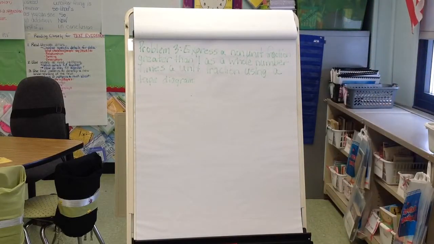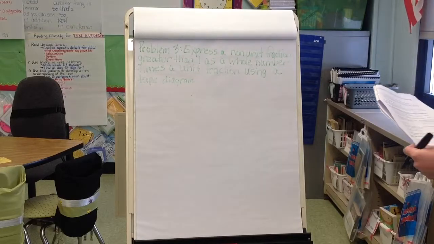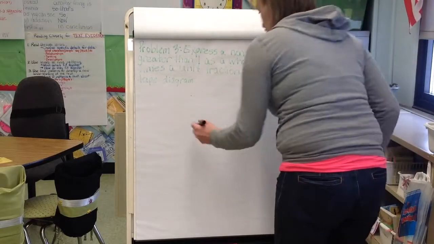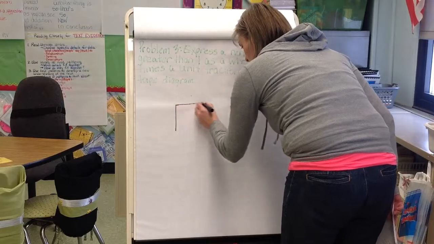Express a non-unit fraction greater than 1 as a whole number times a unit fraction using a tape diagram. Very similar to what we just did. So let's draw a tape diagram.